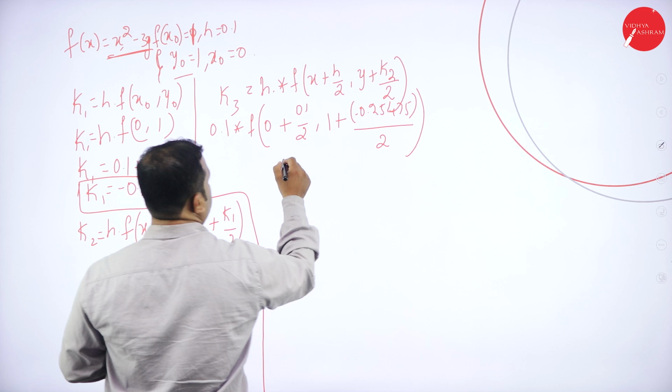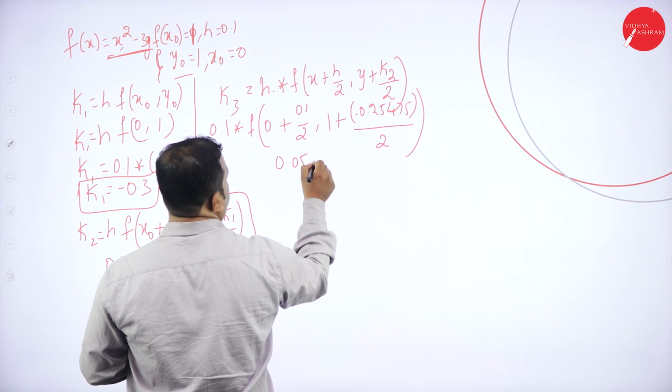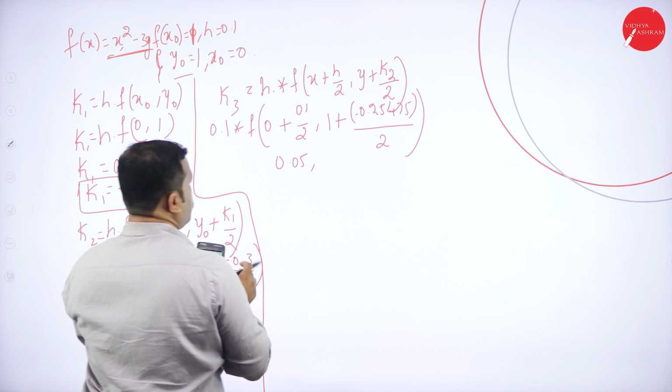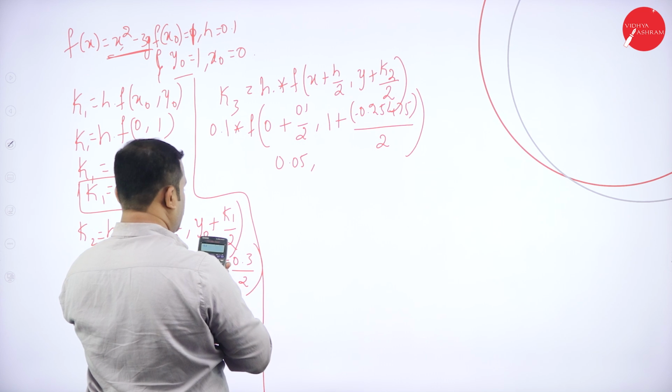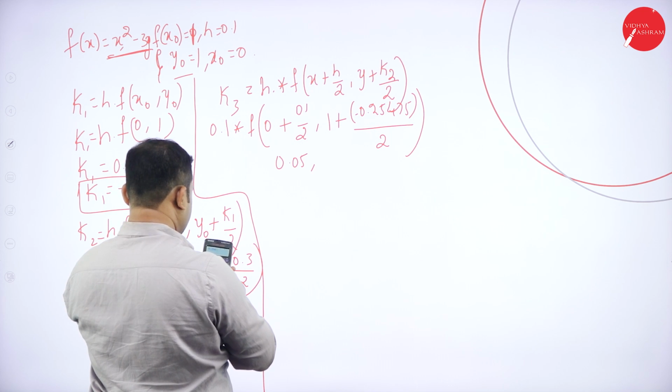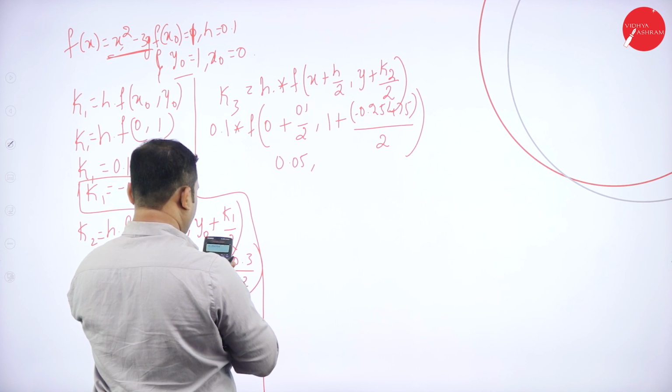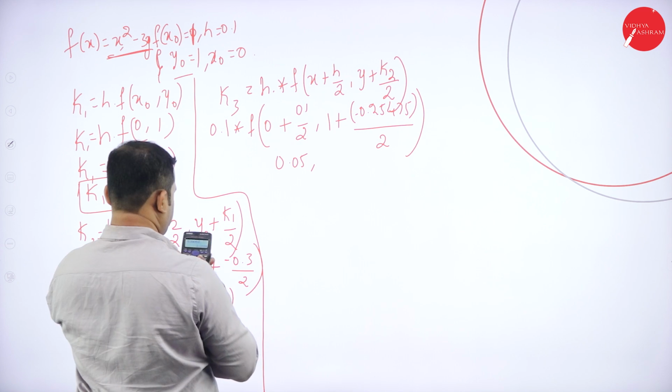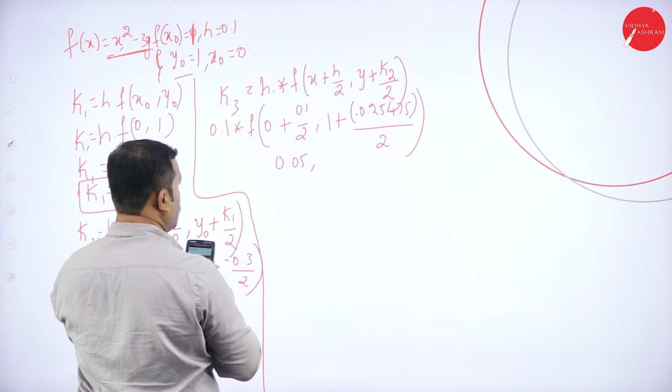If I solve this, what value do I get? 0.05 comma this term, minus 0.25475 divided by 2, plus 1.